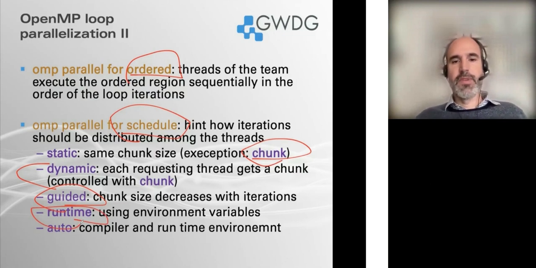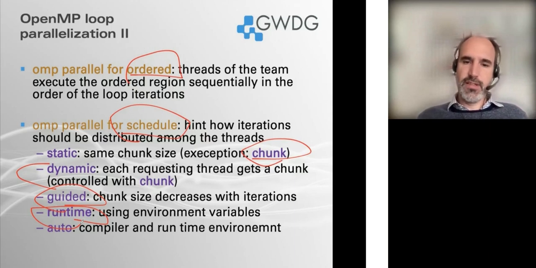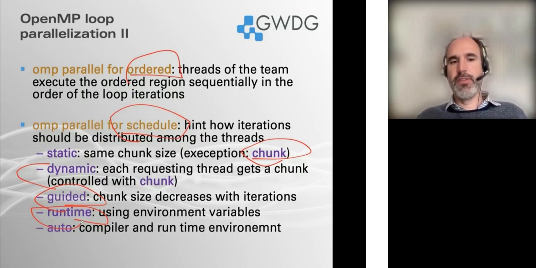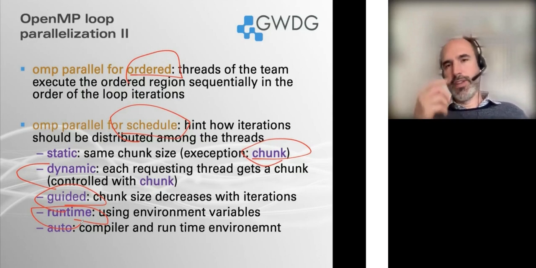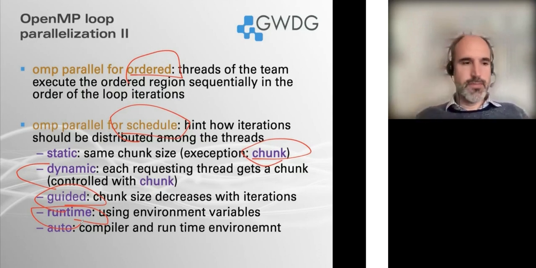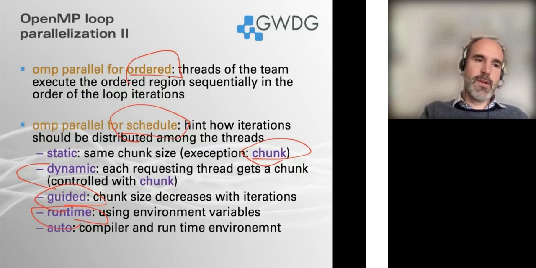runtime environment. In the runtime schedule, you use the environment variables. So you can use guided, for example, as a schedule keyword if you specify it in your environment variables. So in other words, you can put runtime as a keyword for schedule all over your code.